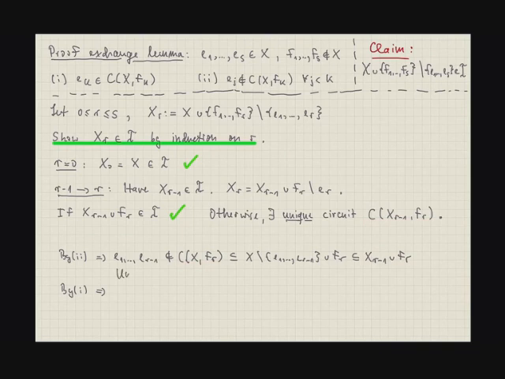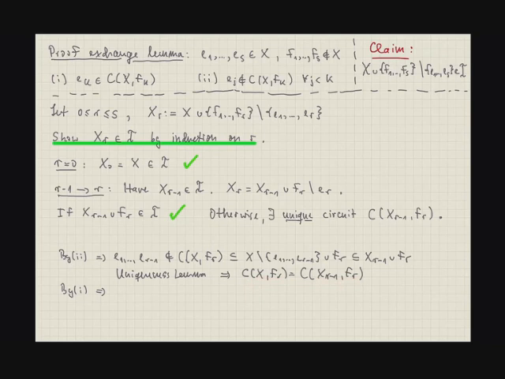The uniqueness lemma gives me that the circuit induced by x and f_r is just the same as the circuit induced by x_{r-1} and f_r. And remember, that was the same situation as in the previous examples. So when I reach this iteration number r minus 1 here, we are still talking about the same circuit.